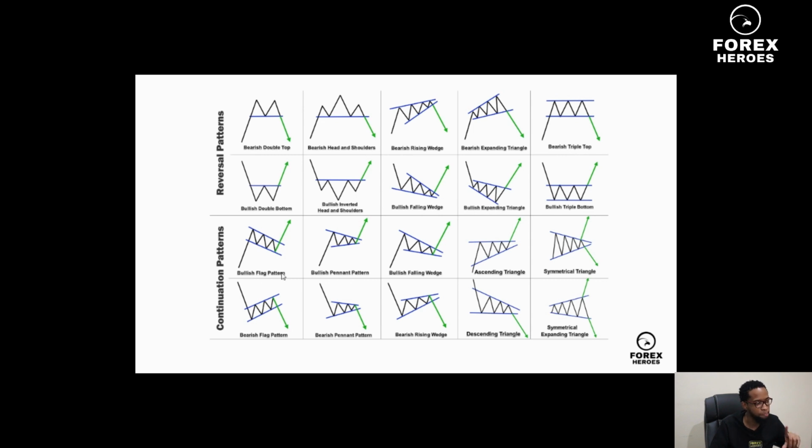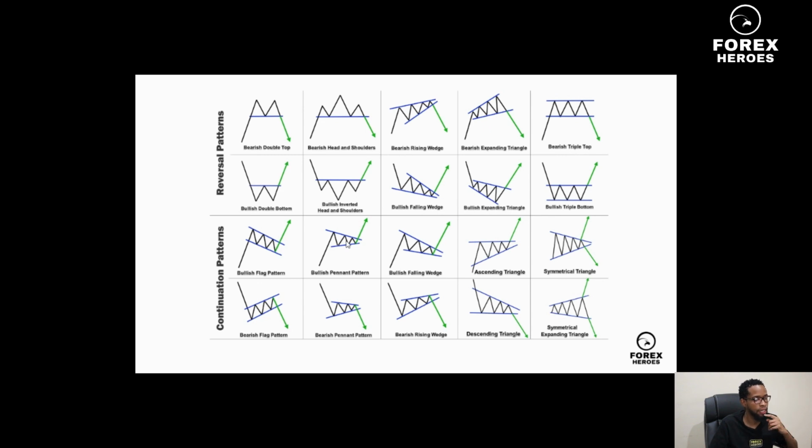That's where it becomes stronger. And most of the time you'll find that the third touch will be at 61.8 or 78.6. Then the bearish flag pattern.